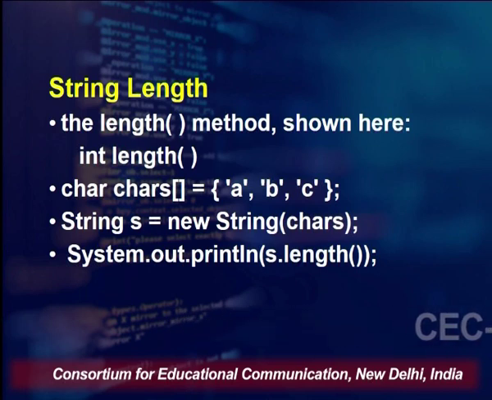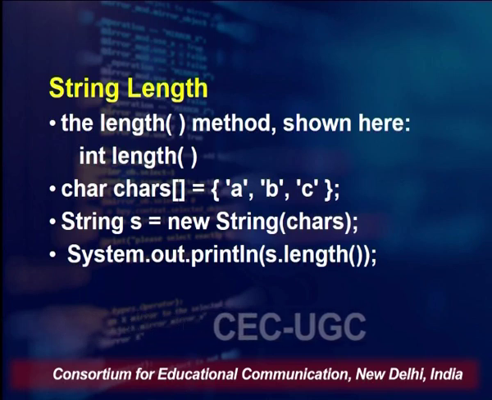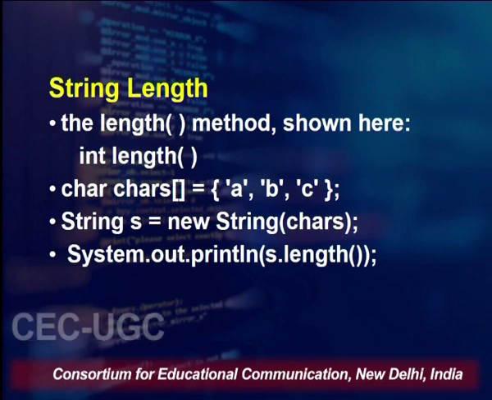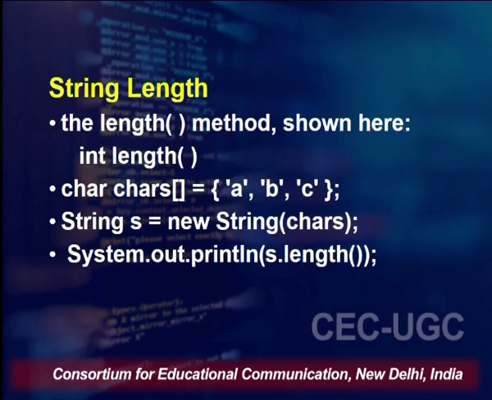There is a default constructor, then a constructor with an array, then a constructor with a subrange version of that array. Then instead of a character array, one can also pass a byte array, and the subrange version of that byte array, that also we have seen.